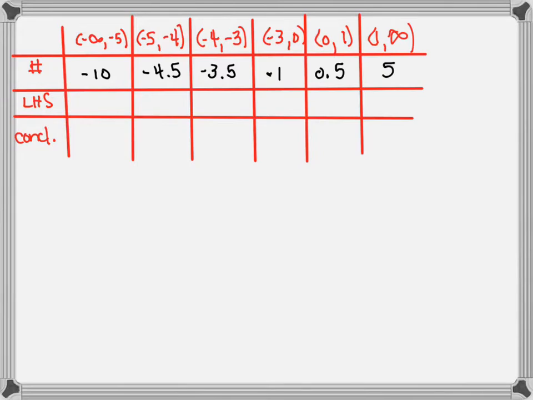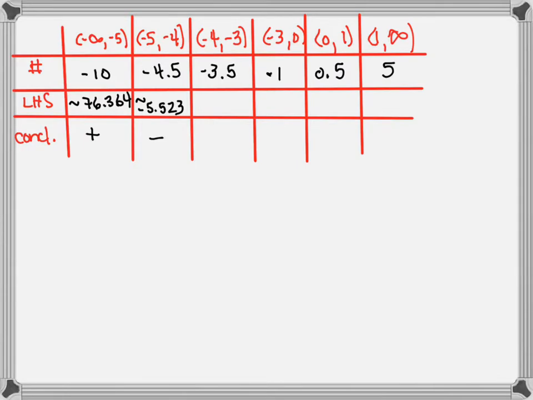When I substitute these in for x into the left-hand side, -10 yields approximately, so about, not exactly, 76.364, which is a positive number. When I substitute in -4.5, I get about -5.523, which is a negative number.